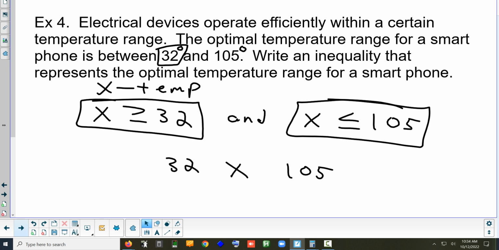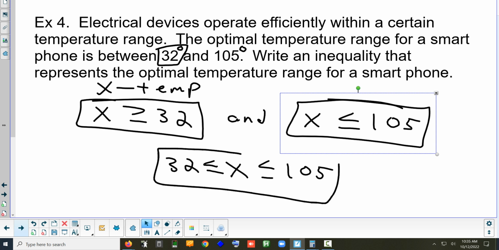Going into each other. So not the graph, but which way do the inequalities point? Yeah? They always point to the left. They both had an equal to under them, so they should both have an equal to under them here. Either one of those answers is correct. And that was the last one.